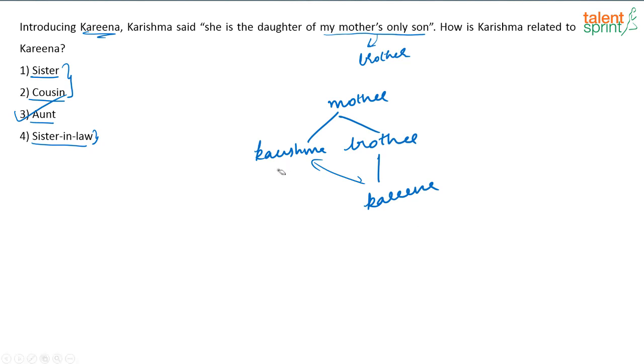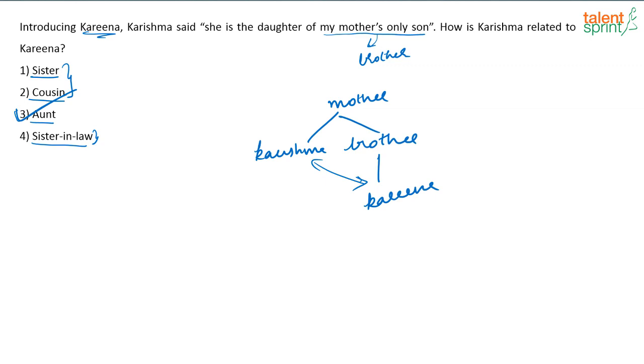Again, that is irrelevant here because based on the options you have only aunt. We go with aunt. Sometimes when they give the names, that is also gender. Definitely Karishma is a female. Why? Because my mother's only son. So obviously she has to be the daughter. Right? Sometimes when the gender is not given, just by looking at names, don't assume it to be a boy or a girl.